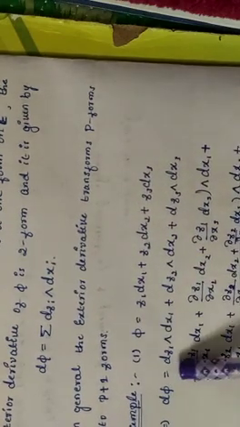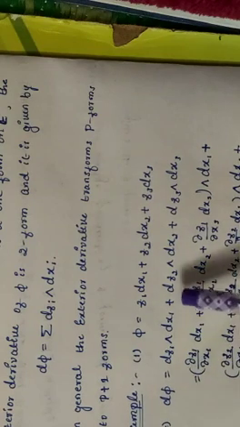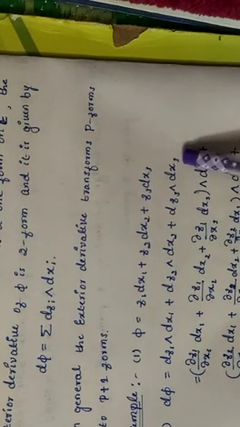We get d pi equals, so this can be represented as df1 wedge dx1 plus df2 wedge dx2 plus df3 wedge dx3.